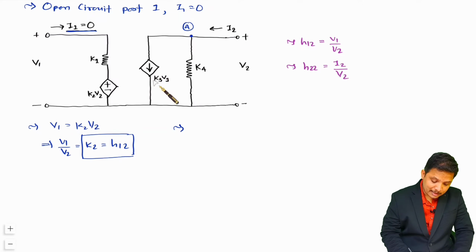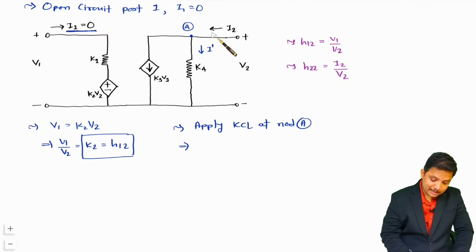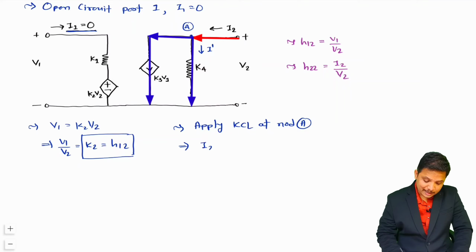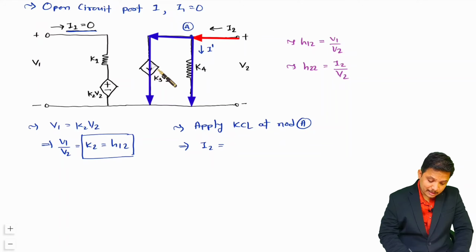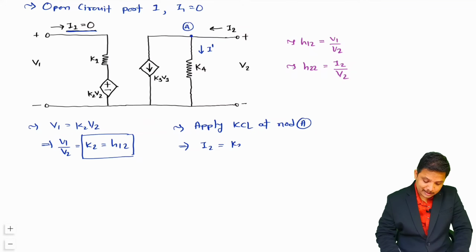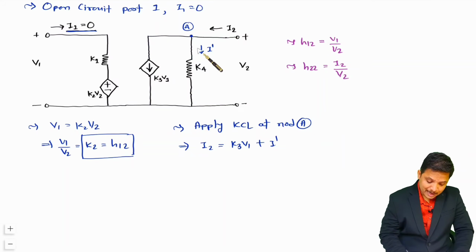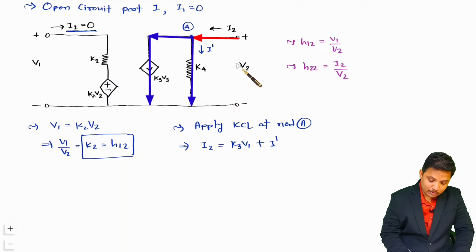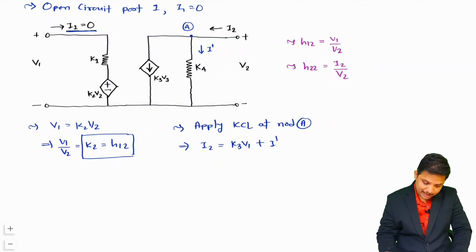In this branch current is K3 V1, and in this branch let us say current is I dash, right. So let us apply KCL at node A. Entering current is equal to leaving current. So I2 is equal to K3 V1 plus I dash. Now what is I dash? I dash is voltage V2 divided by this resistance K4, right.